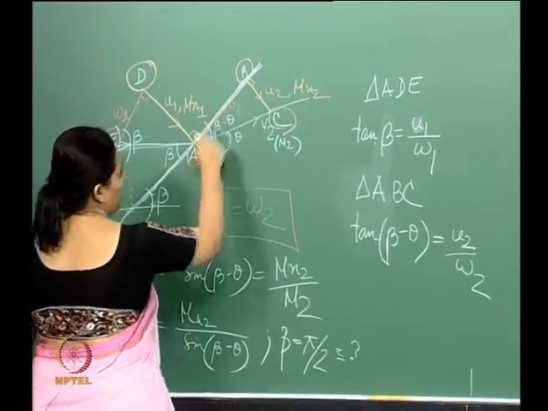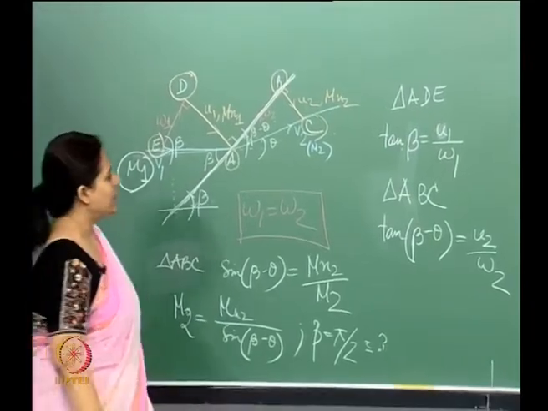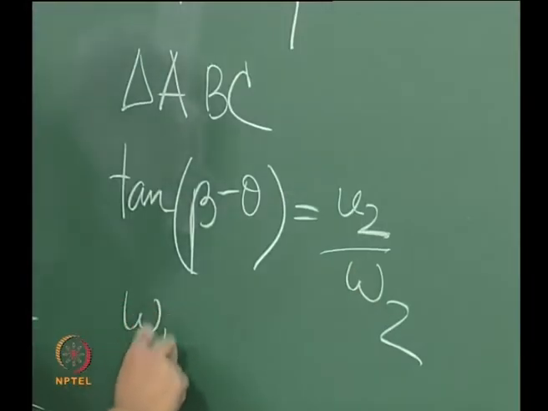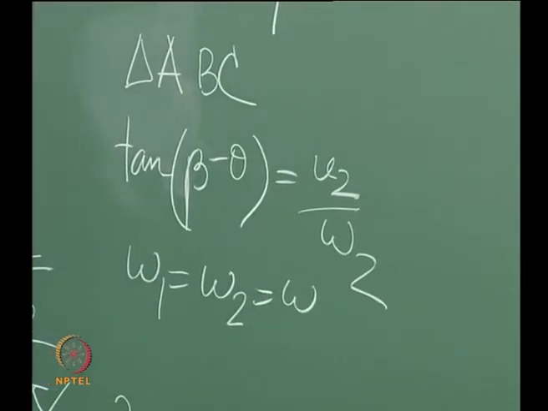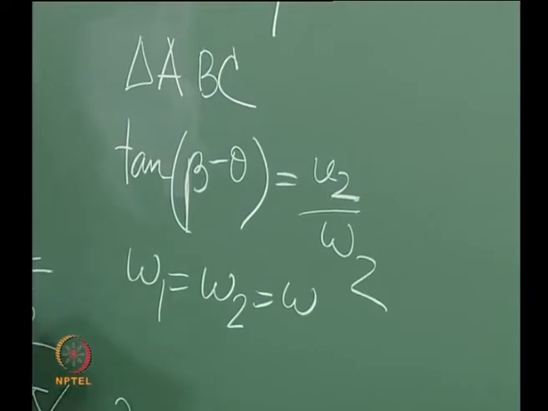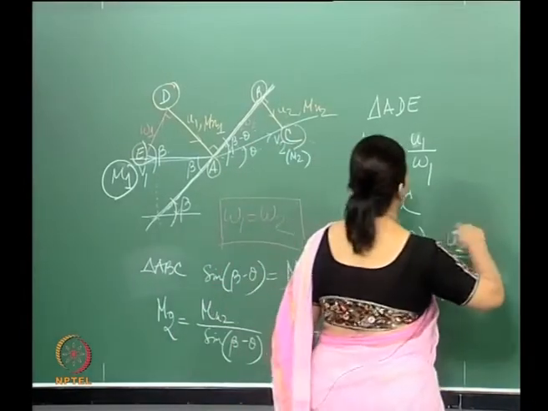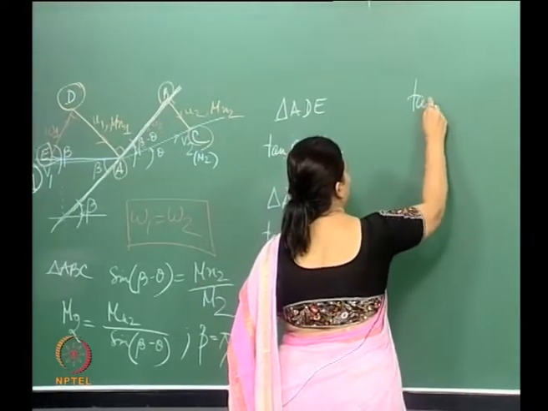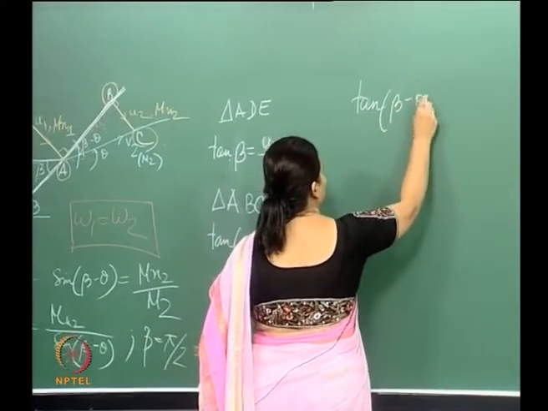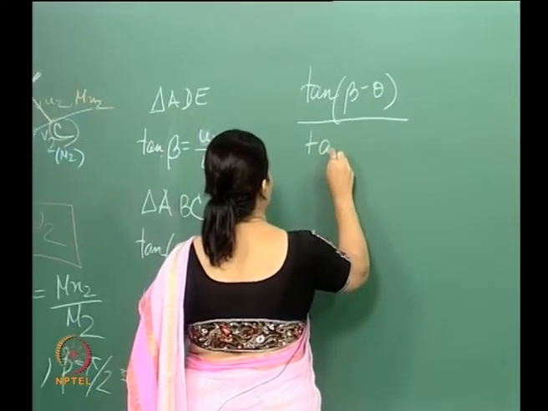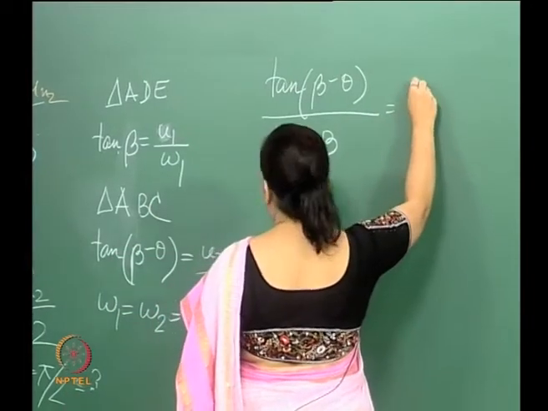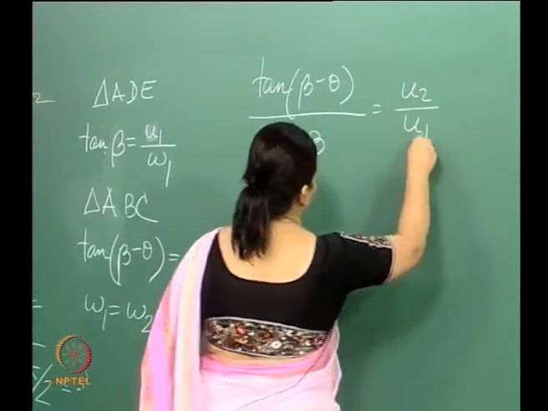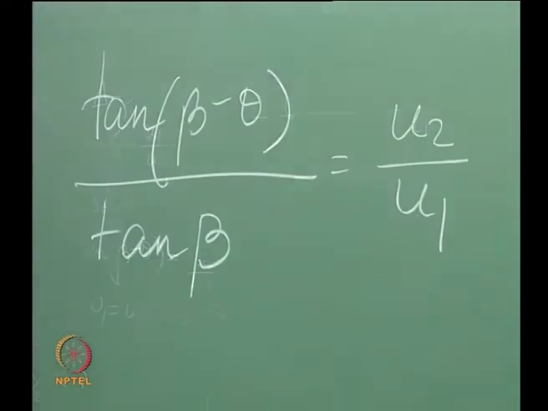Now, we know that W1 is equal to W2, which is equal to W, say. So in that case we can write U2 by U1.